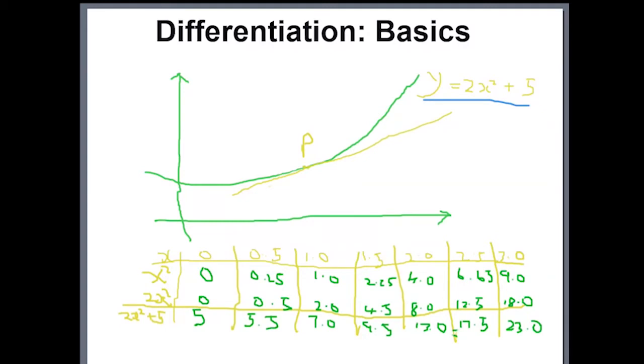This is the final value of what we calculated. So using the scale of x to be 0, 0.5, 1.0, 1.5, 2.0, 2.5, 3.0, this will be plotted on a graph.